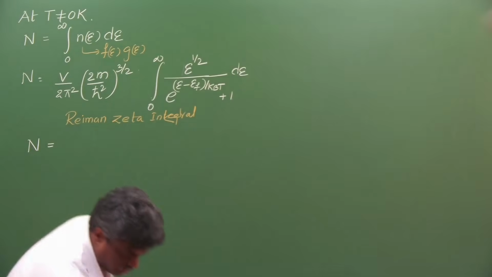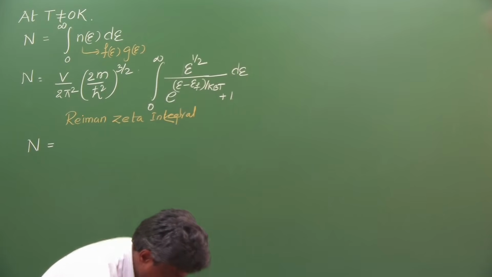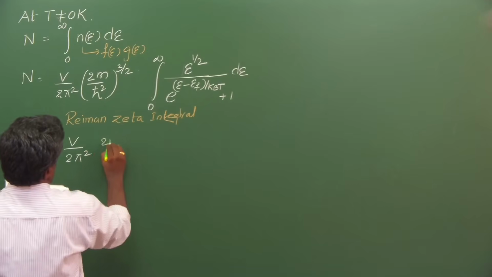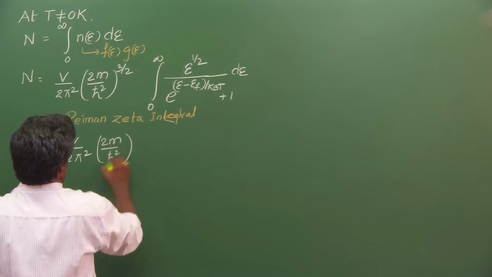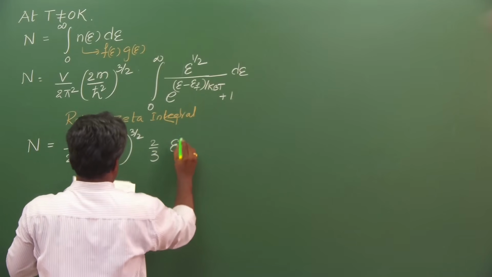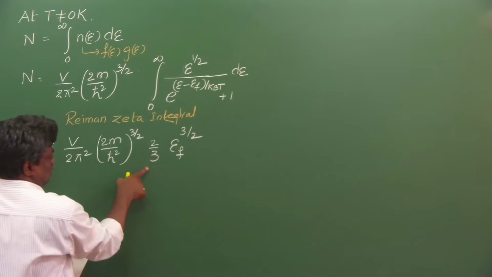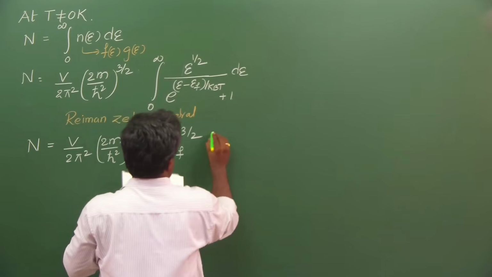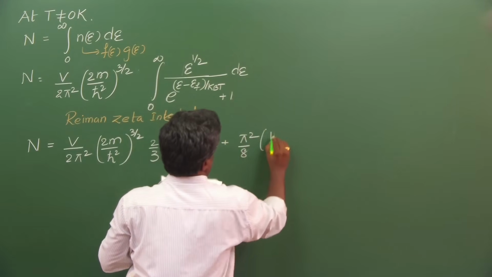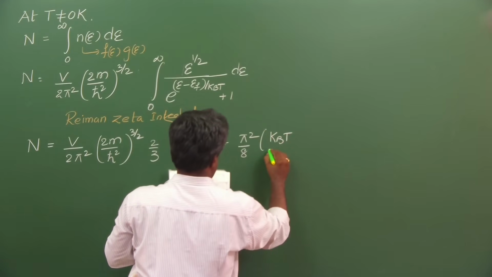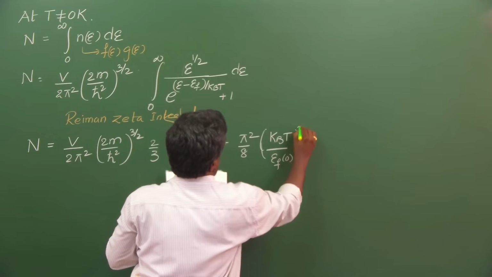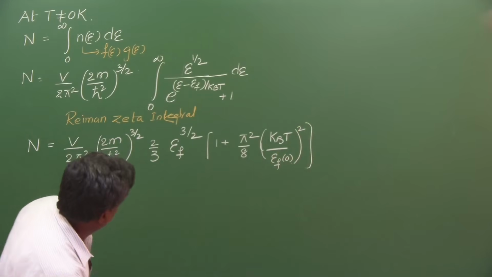So V by 2 pi squared into 2m by h cross squared whole power 3 by 2, into 2 by 3 EF power 3 by 2, into 1 plus pi squared by 8 into kBT by EF squared. So many derivations will be there, but leave all that and finally get back to this.